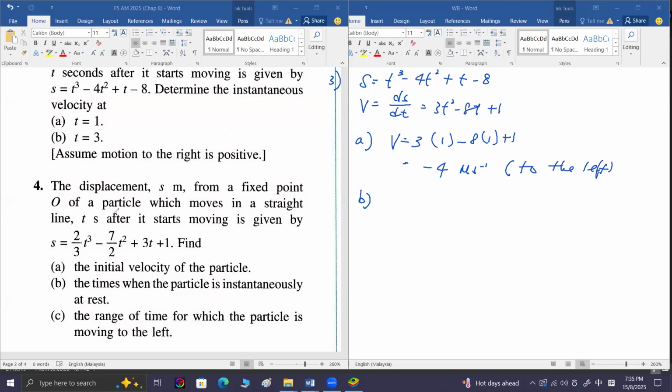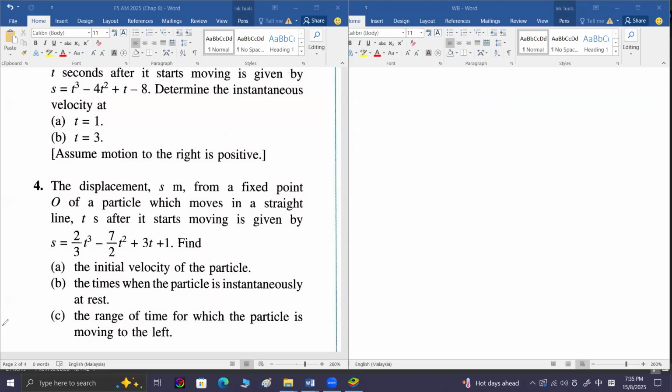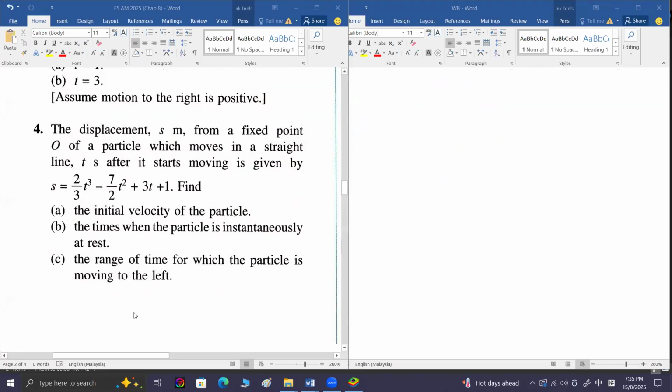Okay, listen to me, question 4. Question 4, I will show you how to do. Same, right? See the word velocity?